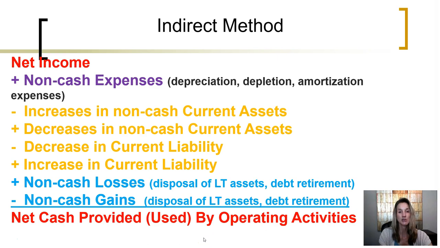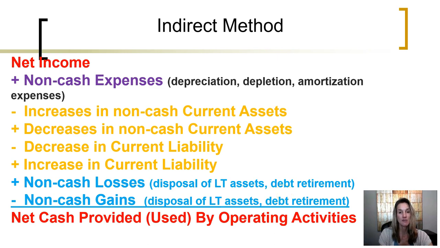In summary, to use the indirect method, we start with net income, add non-cash expenses, look at current assets other than cash, subtract any increases in those non-cash current assets, add in decreases, subtract any decreases in current liabilities, add back any increases in current liability accounts, add any losses or subtract any gains from the disposal of long-term assets or the retirement of debt.